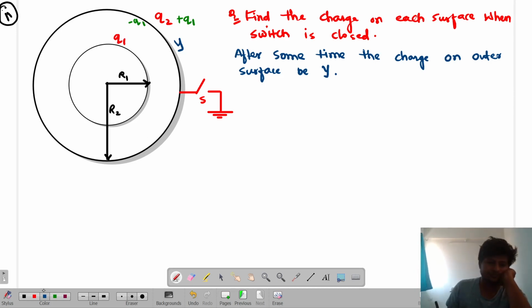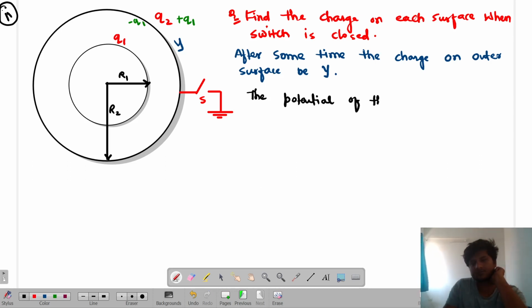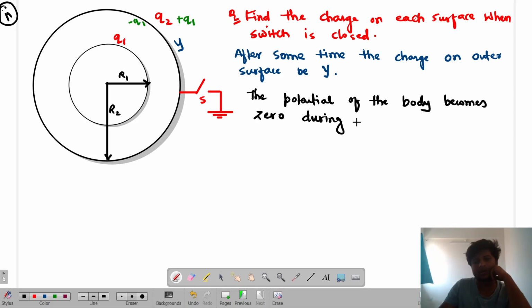Now, you know that when earthing happens, the potential of the body becomes zero during earthing, isn't it?